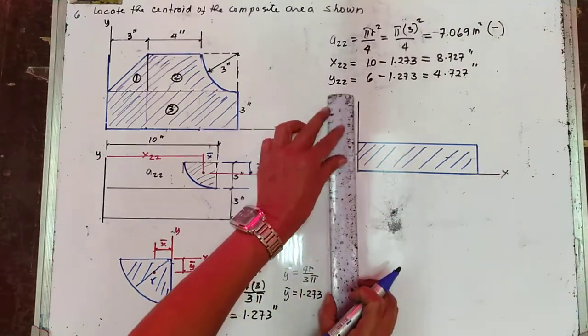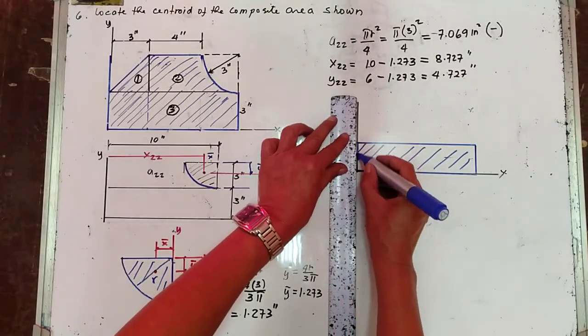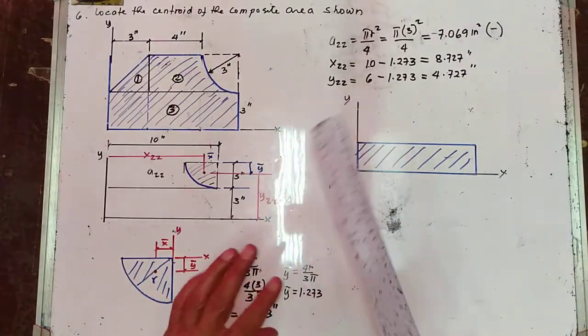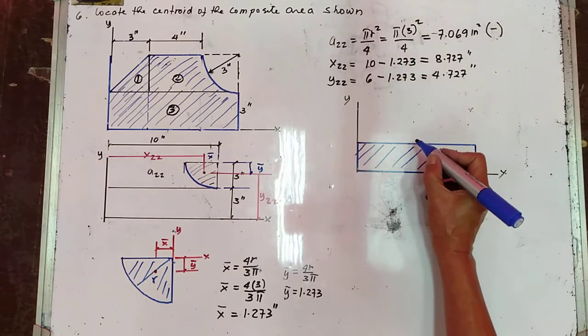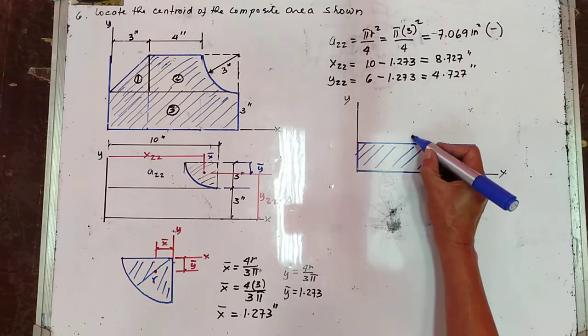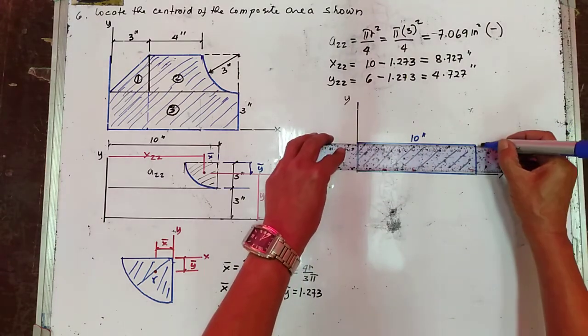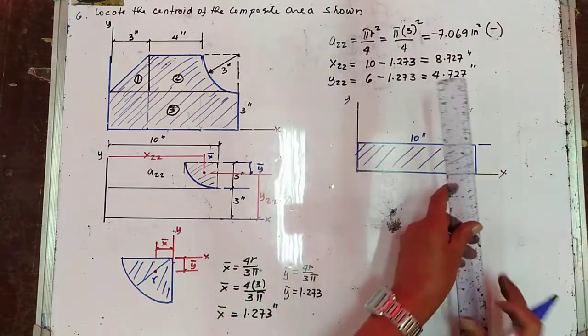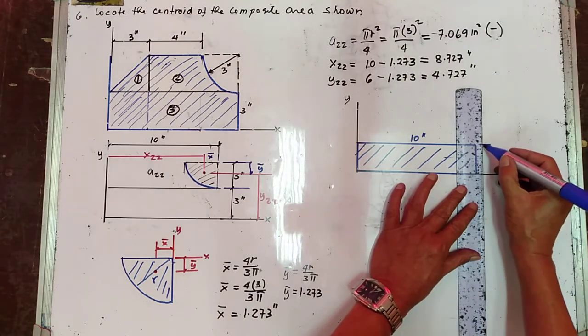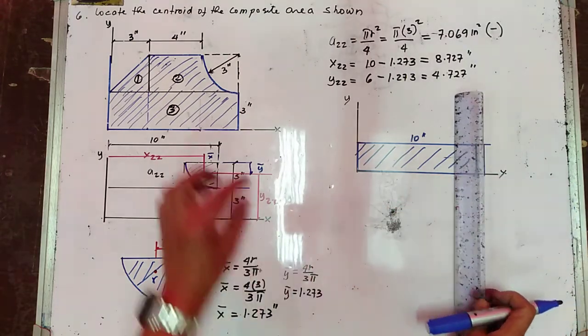This is equal to 10 inches, and this distance from the x-axis is equal to 3 inches.